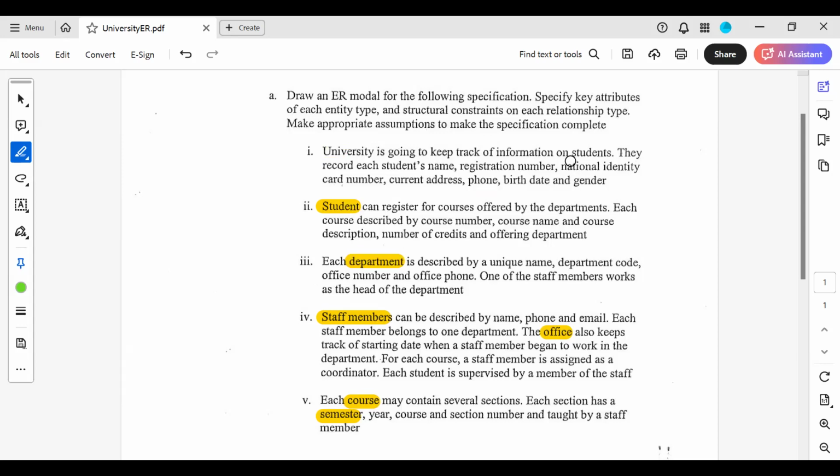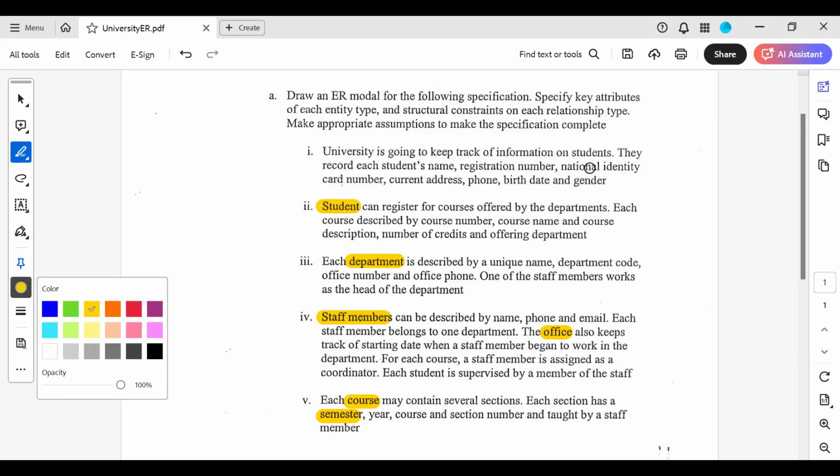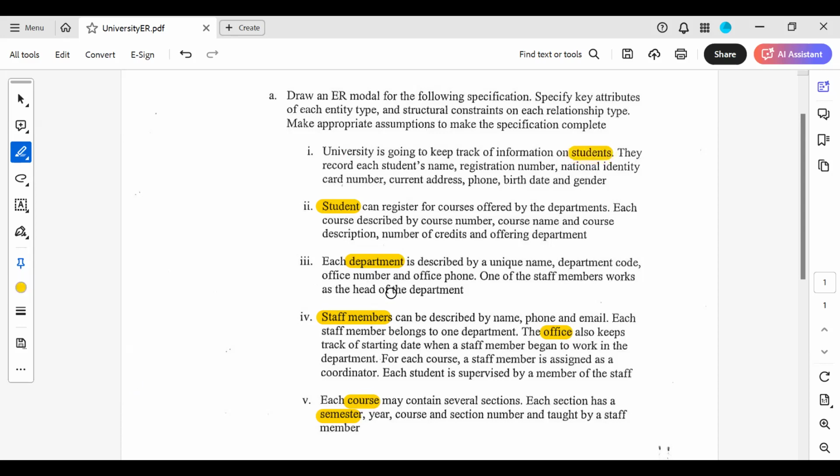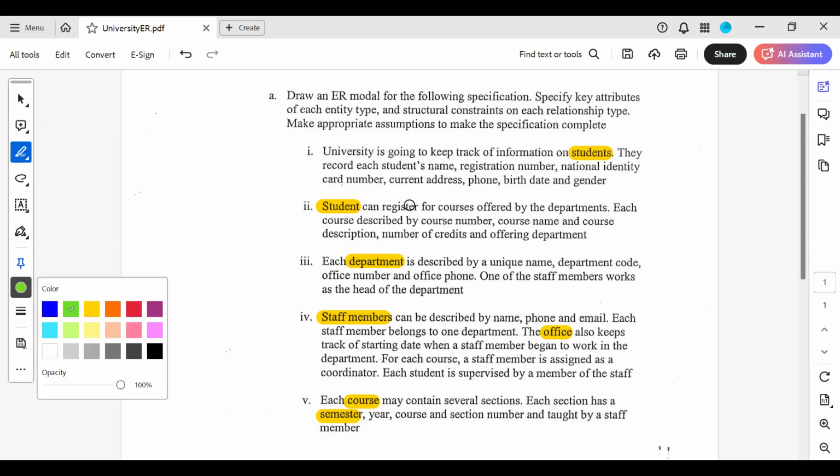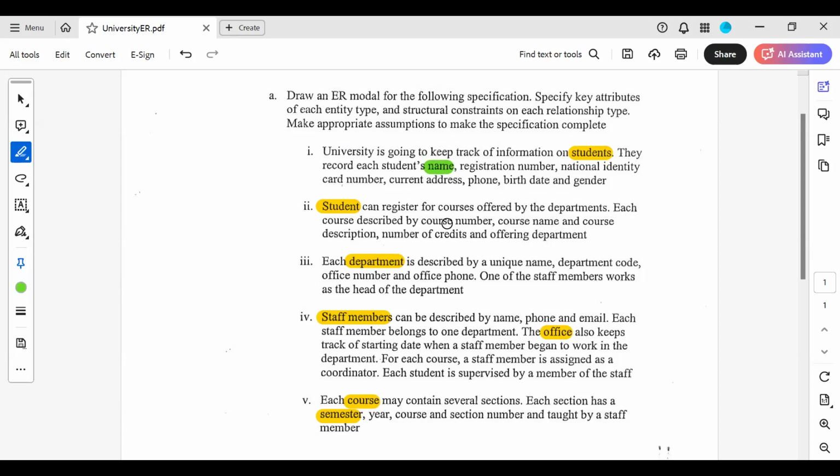But if you look at the student, we say we record each student name. Now you can see these are attributes. We talk about student.